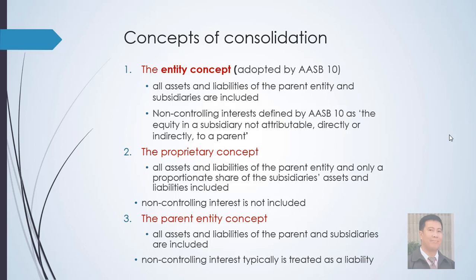And in this case, non-controlling interest will not be included. And the third one is the parent entity concept, which is the same as the entity concept. The difference is non-controlling interest will be treated as a liability.